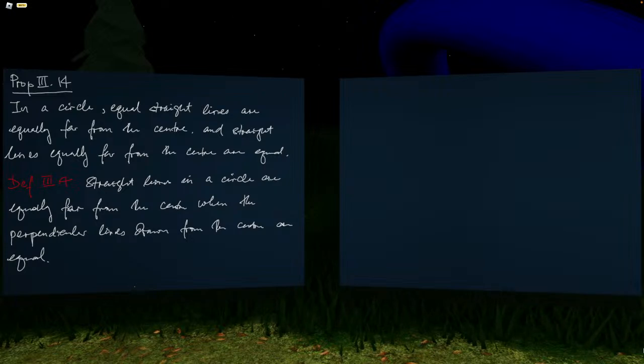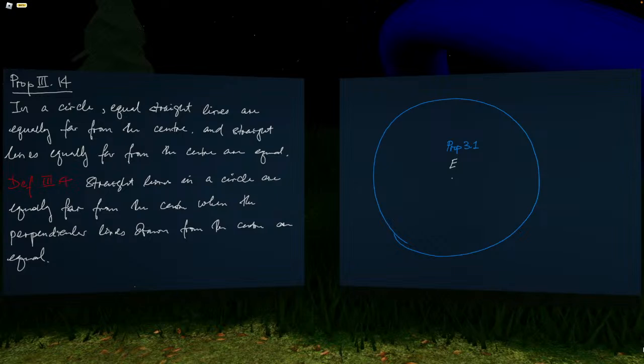So the proof is, as I said, an application of Pythagoras' theorem, and you see the right angle triangles appearing. You probably already see it from the definition. So there's a circle, and we've got lines. There's a center here, I'm going to call it E. Remember that we can find the center using proposition 3.1.